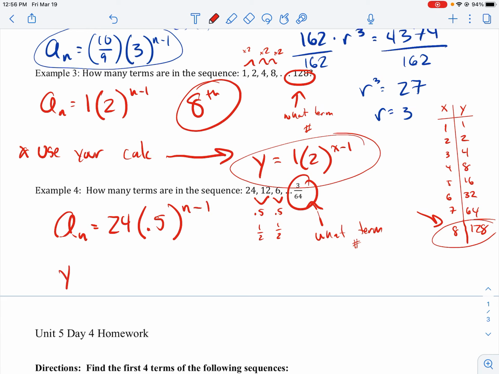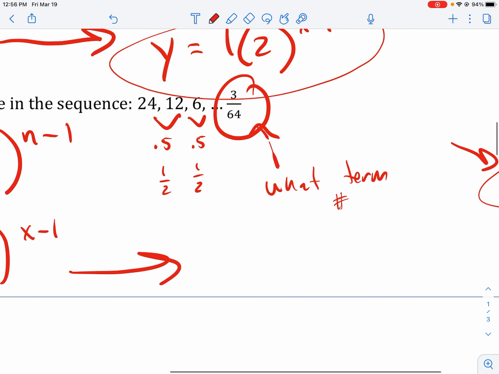Okay, so you plug this into your calculator, your y equals, changes to an x minus 1. And by doing so, I'm just going to put a little bit of what the table looks like. All right.